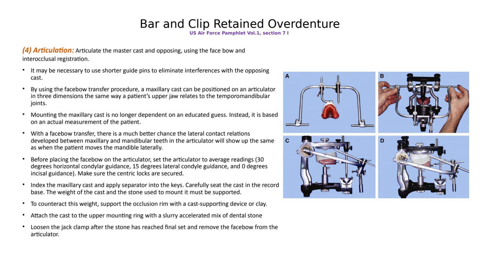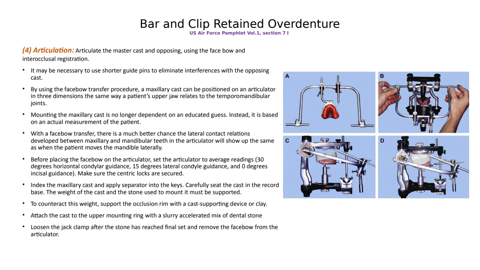In general, the best way to articulate a case like this would be to use a Facebow device. This is a device that registers a lot of movement of the patient and also establishes the centric relation.